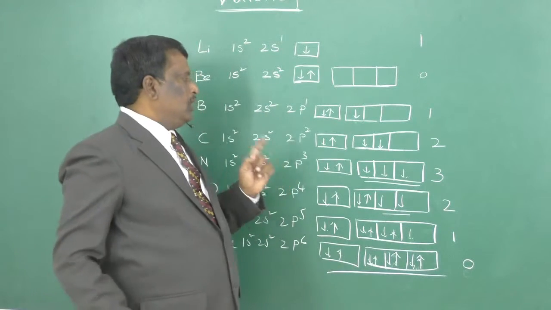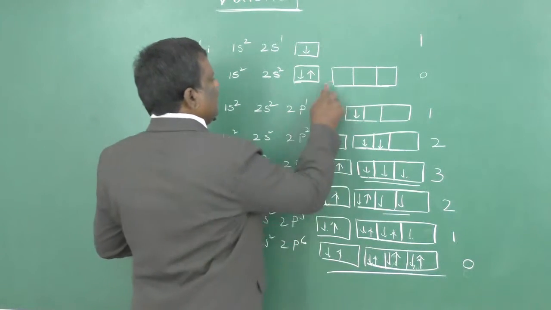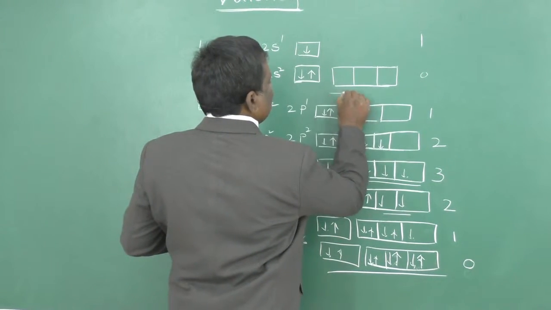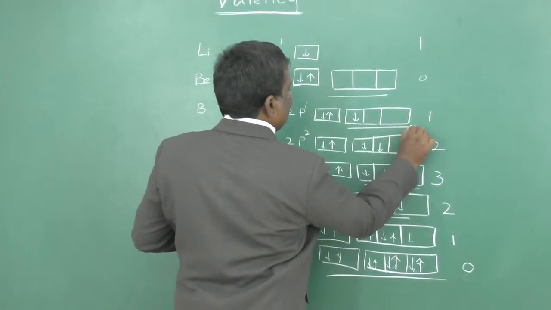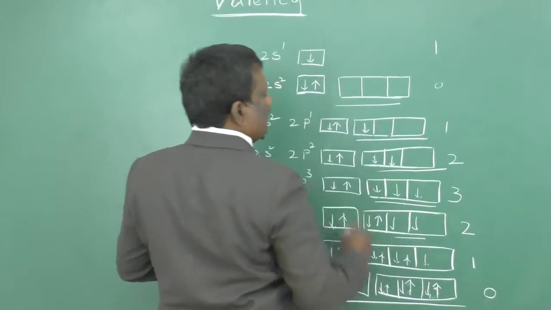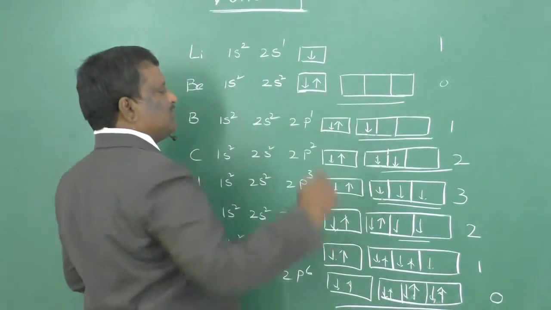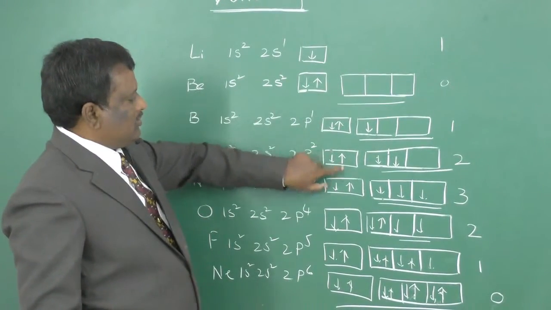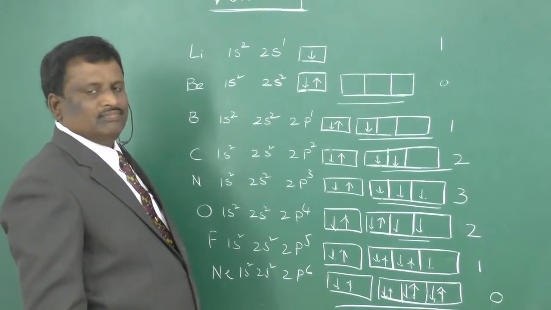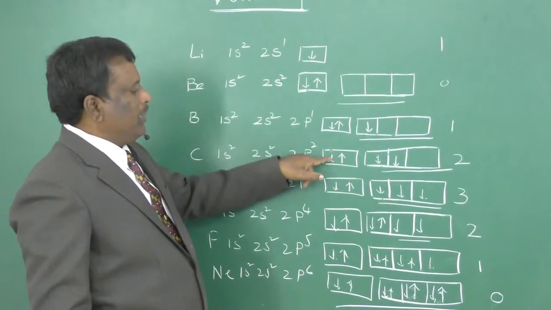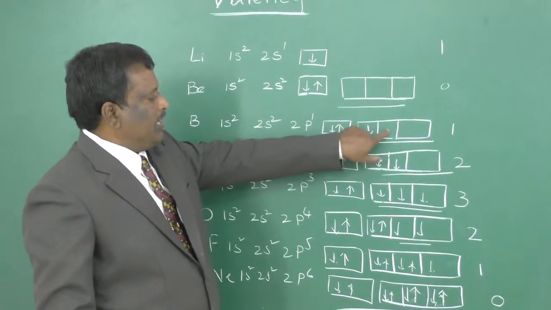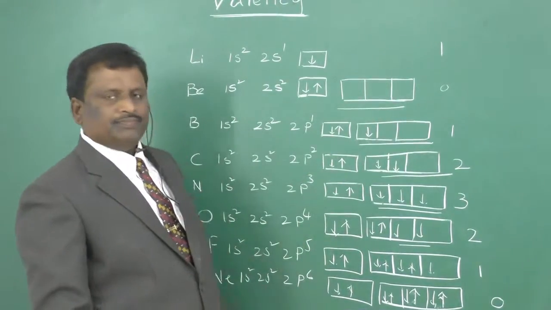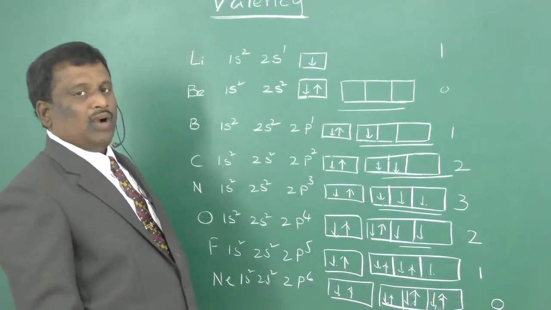For example, if you observe here, here we have an empty orbital, here we have an empty orbital, here we have an empty orbital. So, in these 3 elements, in the same energy level we have paired electrons and at the same time we have empty orbitals. In such cases, what happens?